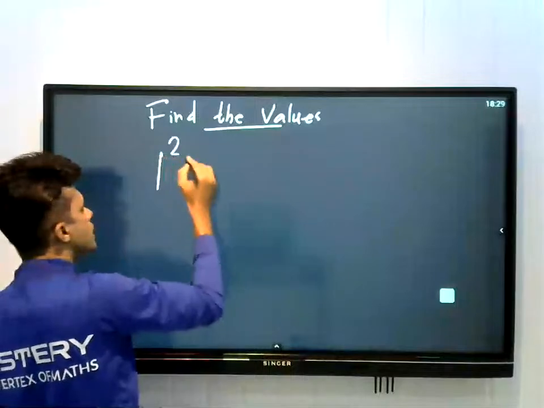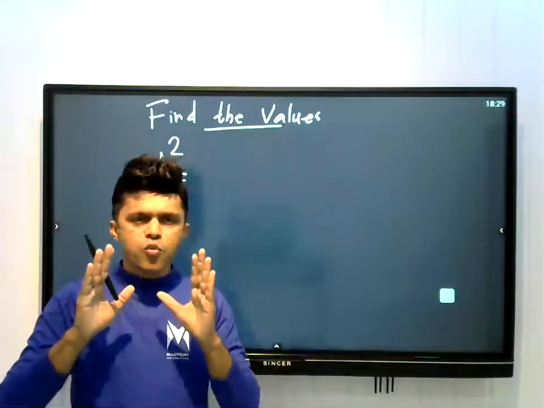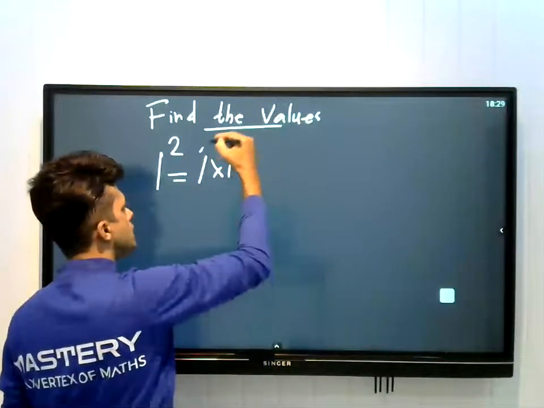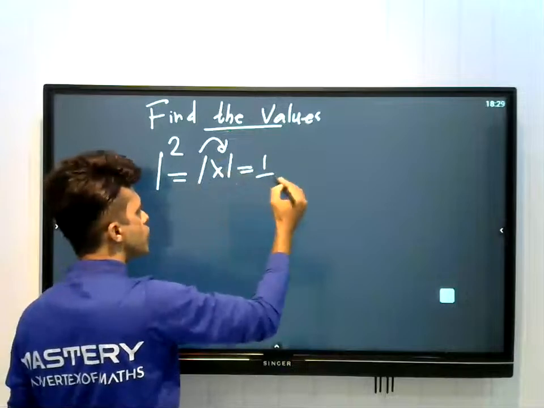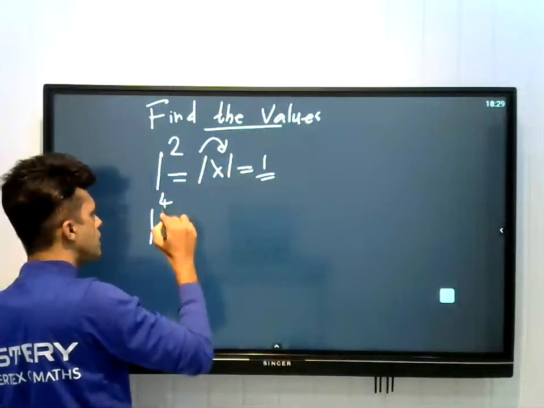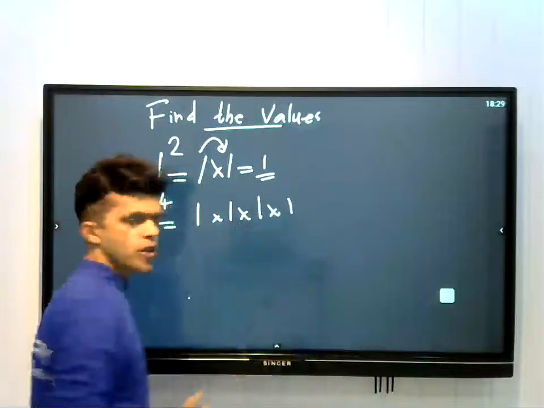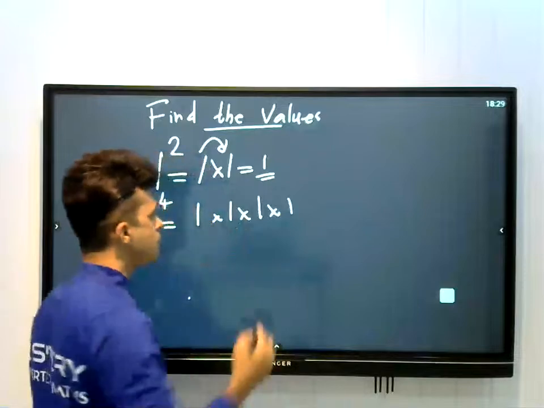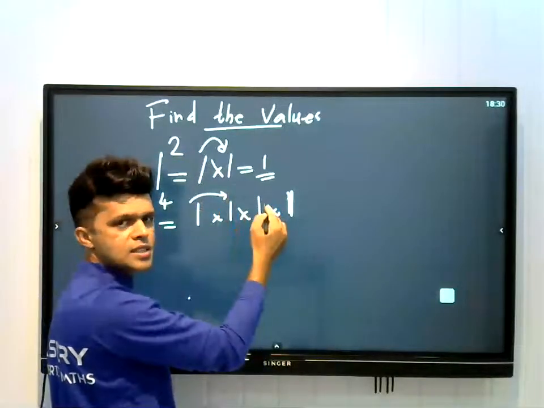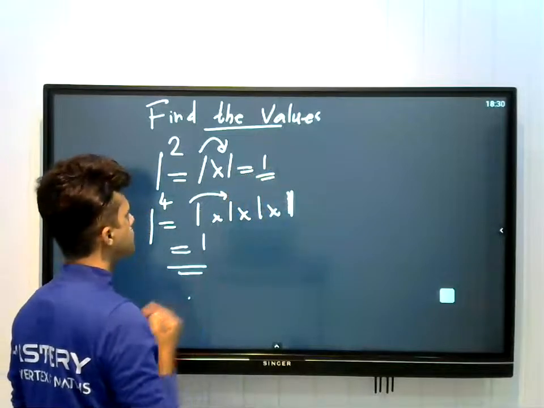Find the values of the followings. 1 to the power 2 means you have to multiply the digit 1 two times. 1 into 1 is 1. So 1 to the power 4 means 1 into 1 into 1 into 1. You need to multiply the digit 1 four times. 1 into 1 is 1, 1 into 1 is 1, 1 into 1 is 1. So 1 to the power 4 equals 1.